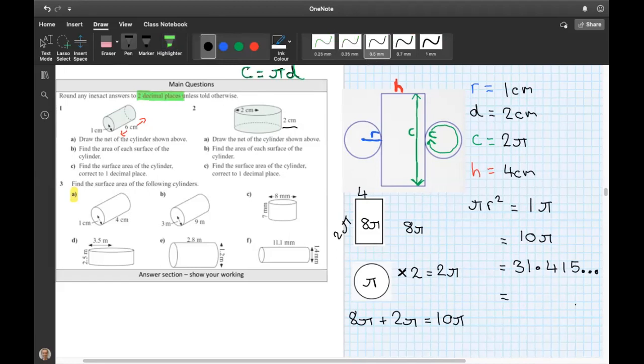So if you need to round to 2 decimal places, the minimum amount of decimal places you write out initially is 3. Because you look at the number after that second decimal place, here we've got a 5 and above, so we give that one a shove. And it will go to 31.42, and it's going to be centimetres squared there. Okay, so that was question 3A.